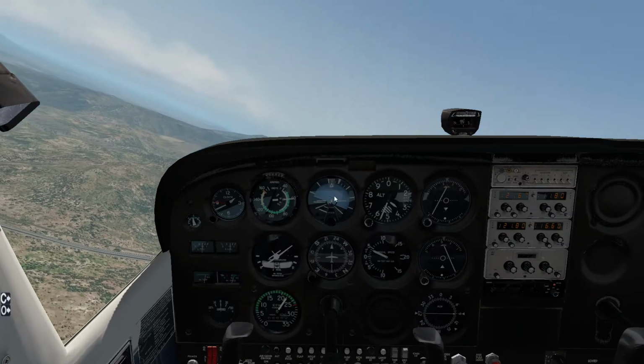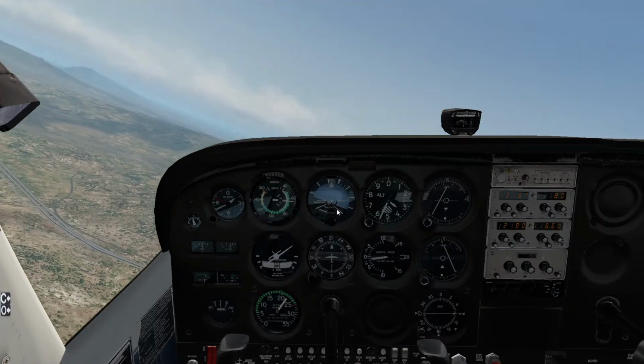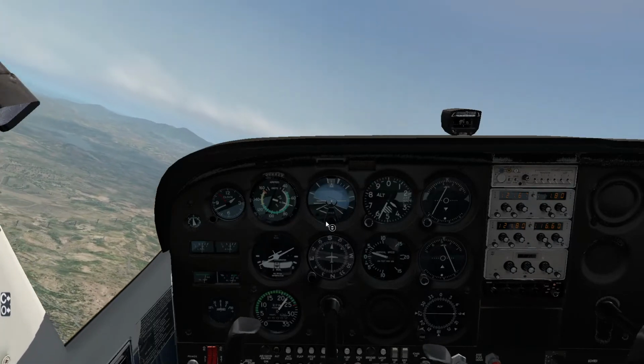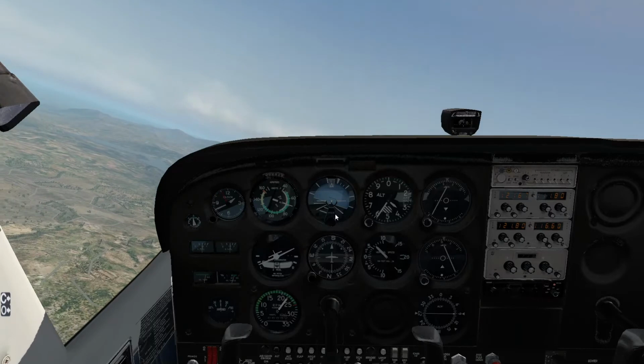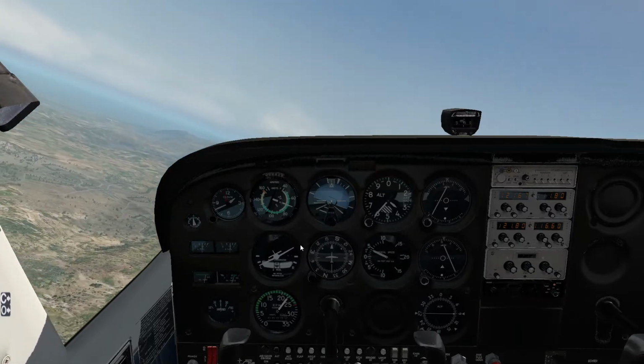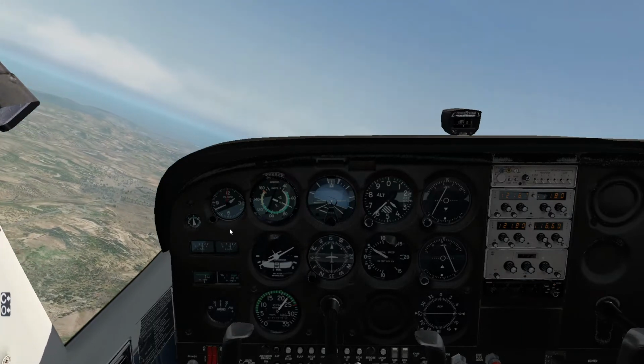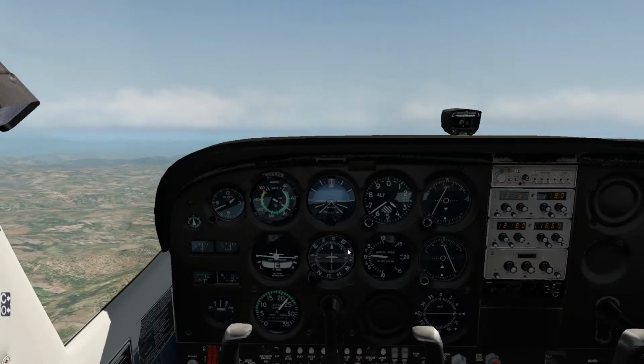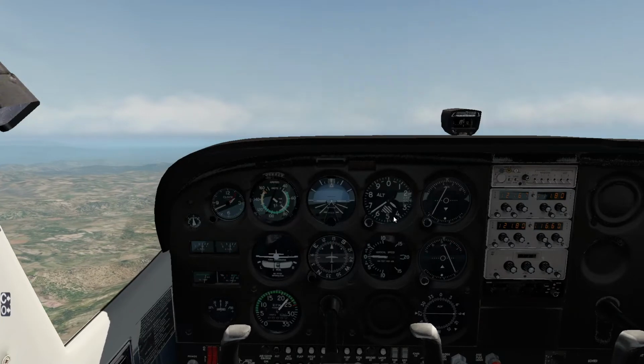Speed is degrading, so I lower the nose in order to accelerate. And I roll out at the selected heading. You see, not only have we changed our heading, but we also have assumed a new altitude.